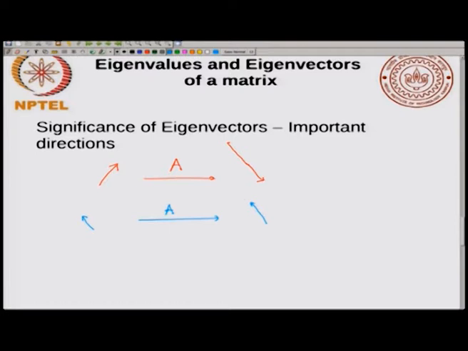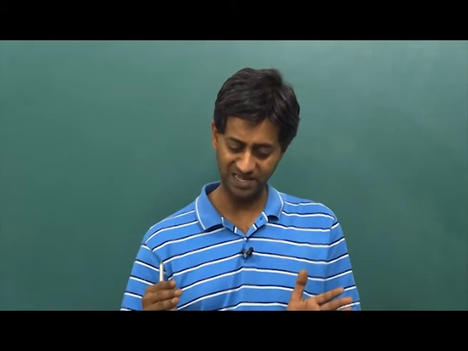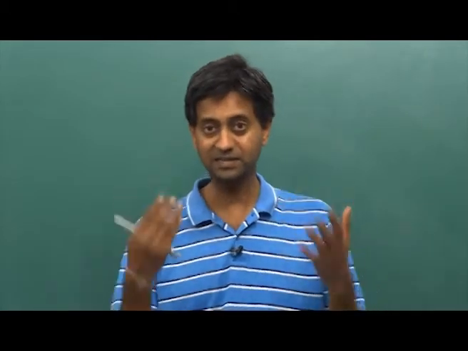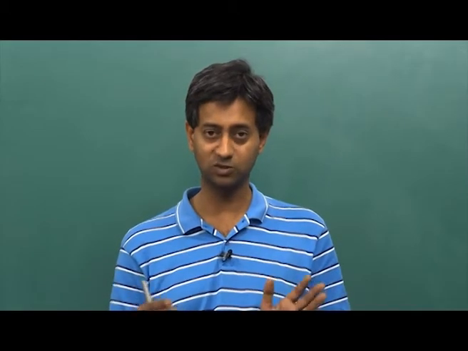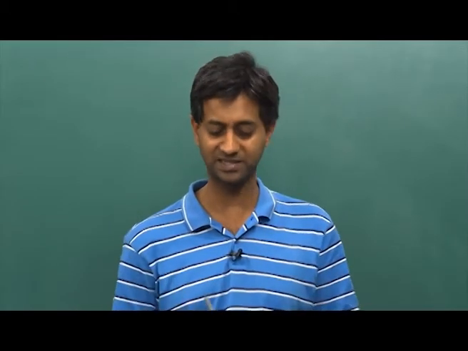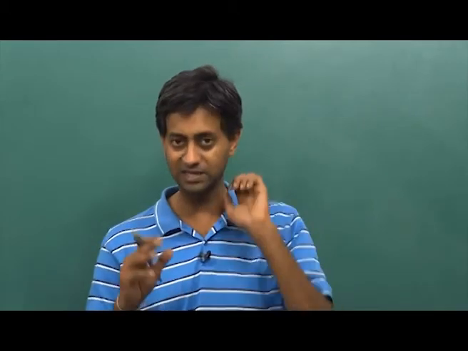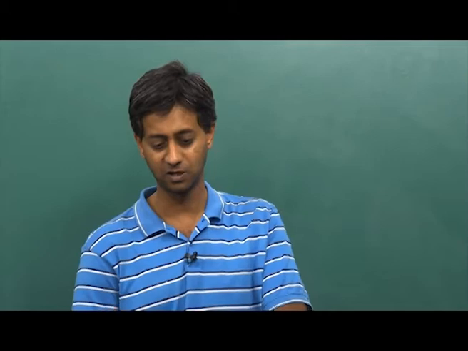So eigenvectors really represent some very specific directions, such that when the matrix operates on vectors pointing in those directions, it gives you another vector pointing in the same direction. You can think of these as important directions of your system.